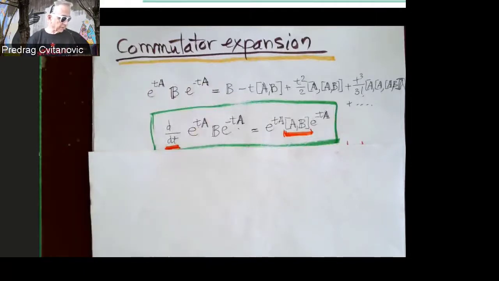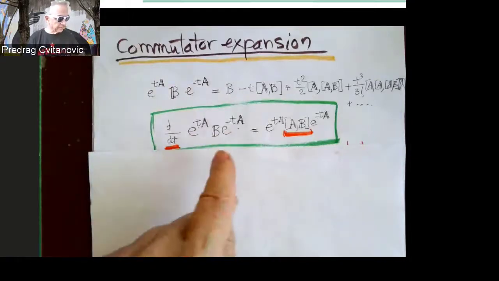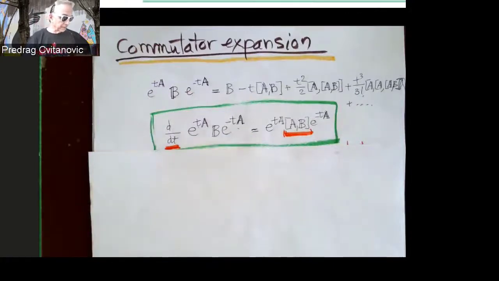And that's how the exponential works also when you have matrices. You'll get a term A times B. But when you take the derivative of the other exponential, you'll get minus B times A. And the two of them together produce a commutator. So it turns out that when you have a matrix product of different matrices, the derivative can be converted into a commutator, which we'll find very useful.